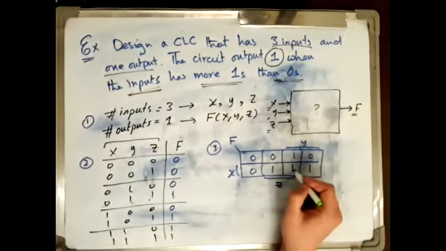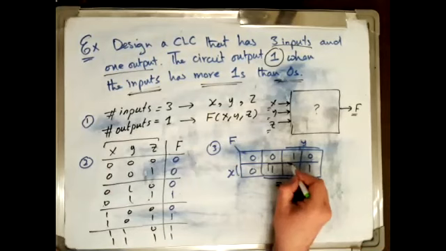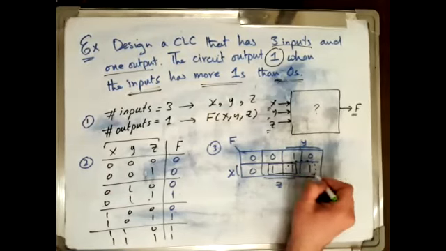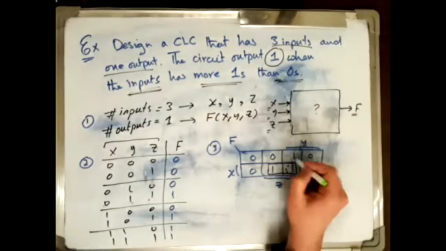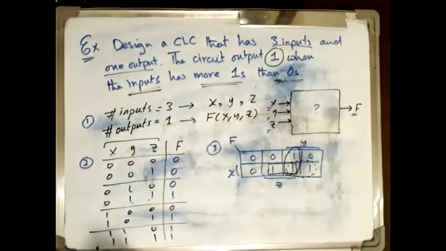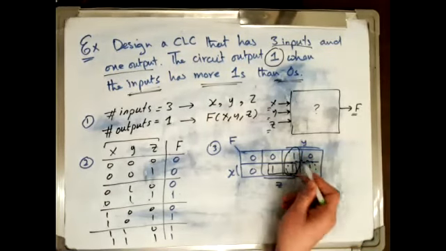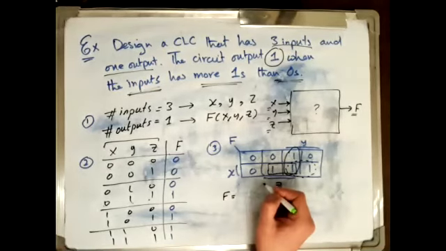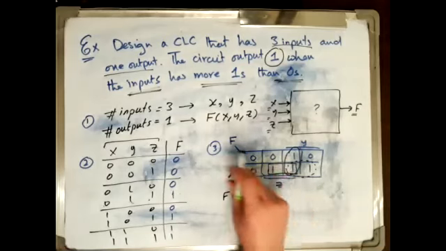So how to simplify? What is F? We can simplify as sum of product. So we look for the ones. We have 3 prime implicants and all of them are essential. This is essential, this is essential, this is essential. So the logic expression will be F. What is F?